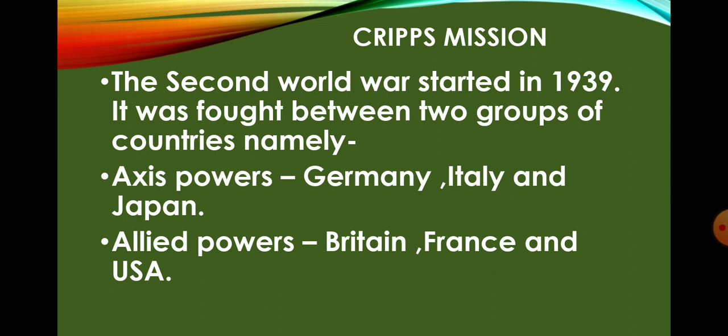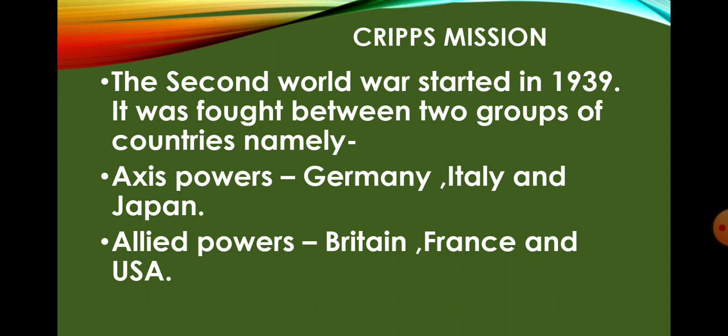Like the First World War, the Second World War was also fought between two groups of countries, namely the Axis powers and the Allied powers. The important members of the Axis powers were Germany, Italy, and Japan. Their opponents, the important members of the Allied powers, were Britain, France, and USA and their allies.